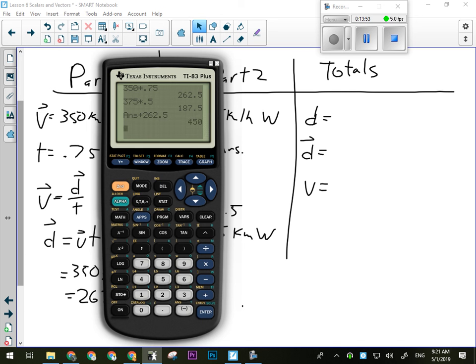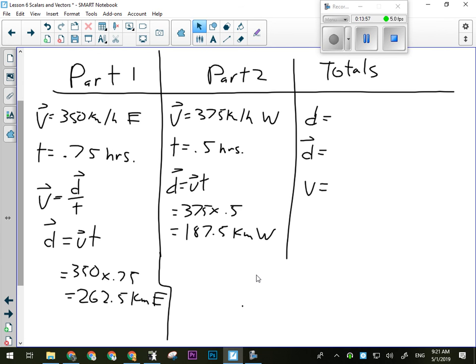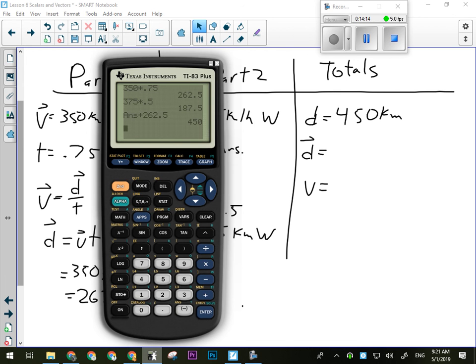All right, there's my total distance traveled, 450 kilometers. Okay, so I just have to remember that distance is scalar and not include the directions. Now, for displacement, now direction does matter. I went east 262.5 kilometers, then I came back west 187.5. So what do I have to do with those 2 numbers?